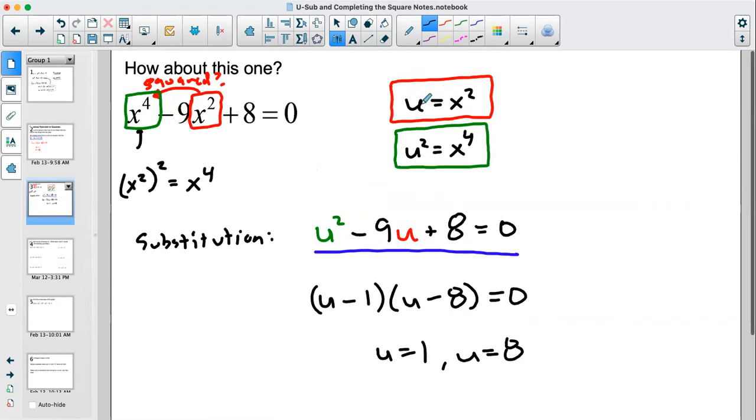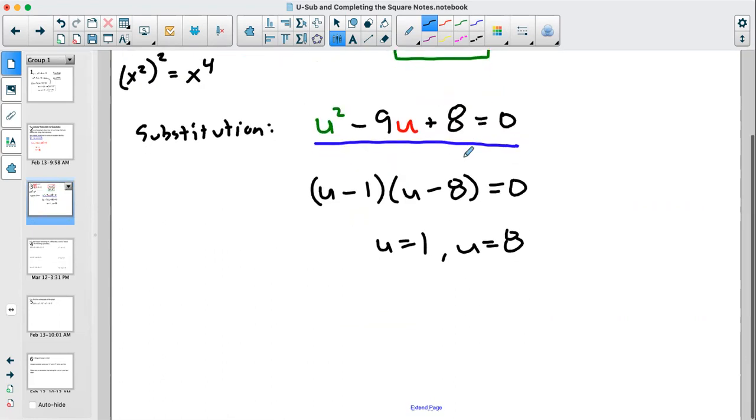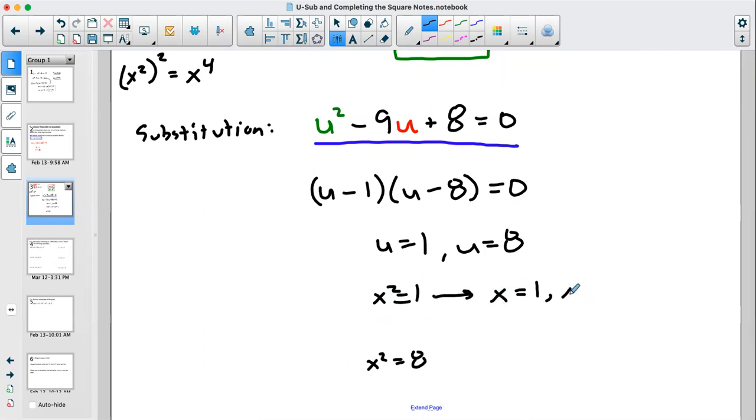Because remember, u was equal to x squared, which means if u equals 1, then x squared equals 1, and if u equals 8, then x squared equals 8. If I solve this for x, I get x equals 1 and x equals negative 1. If I solve this for x, I get x equals 2 root 2 and x equals negative 2 root 2.